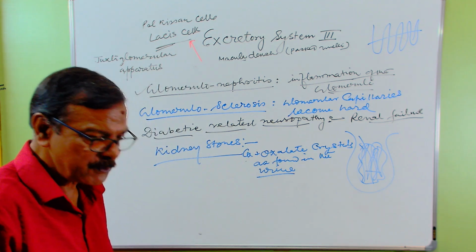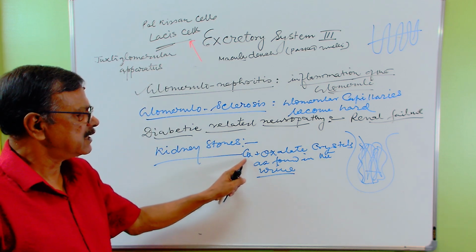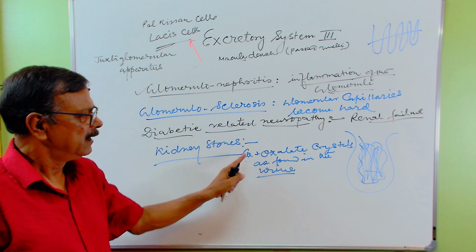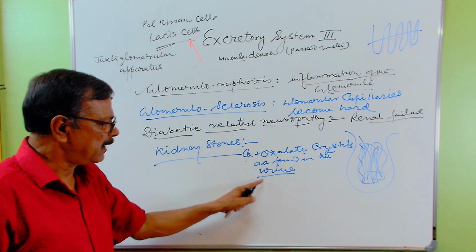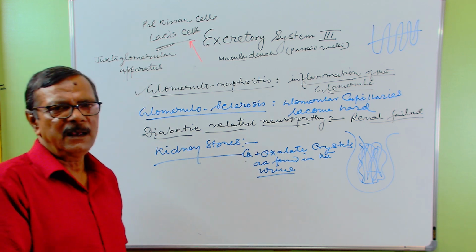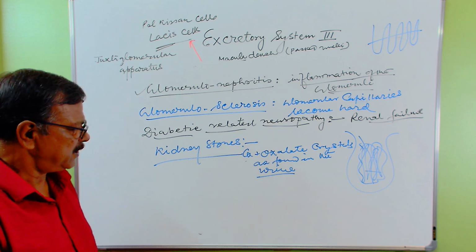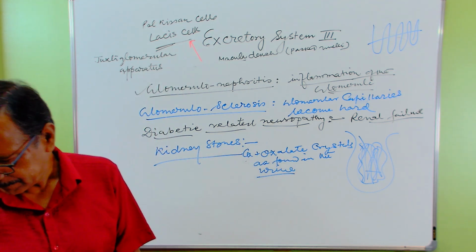Many fruits and vegetables, and intake of too much calcium oxalate, may cause these kidney stones. It is found in urine, and the doctor prescribes medicines to dilute this calcium oxalate.